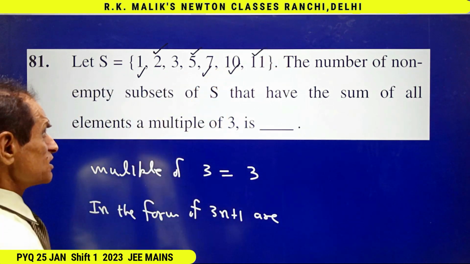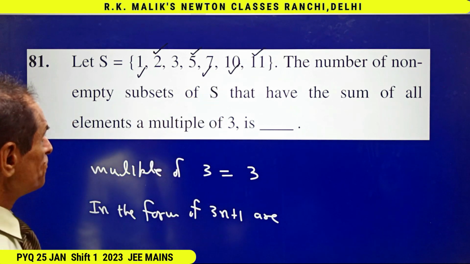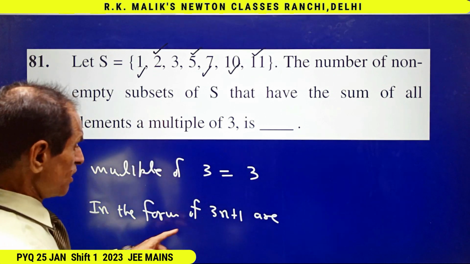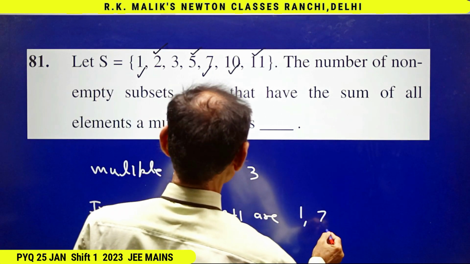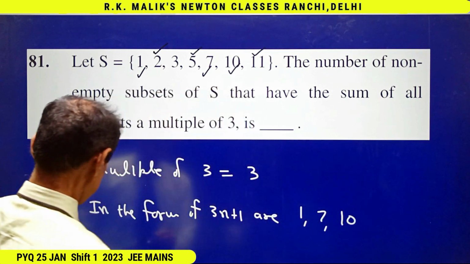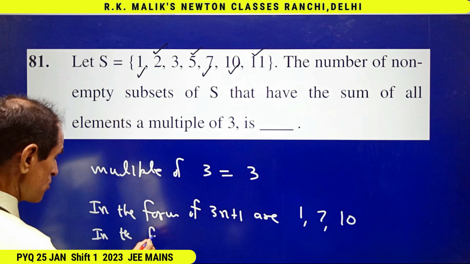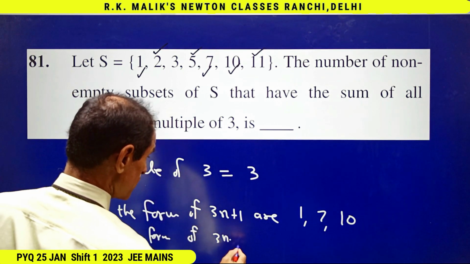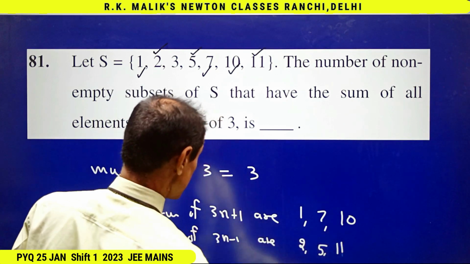These three numbers are in the form of 3n minus 1, these three are in the form of 3n plus 1, and this number is in the form of 3n.